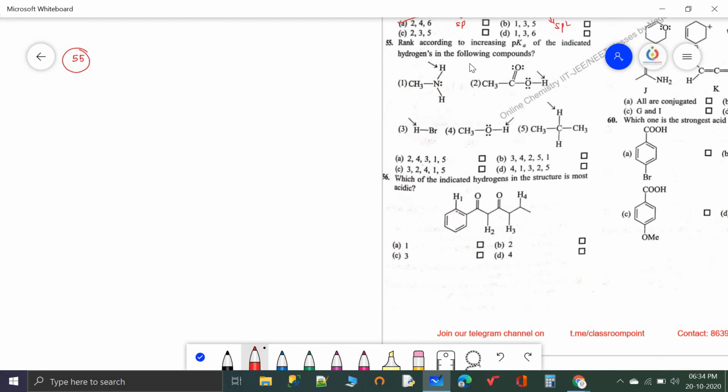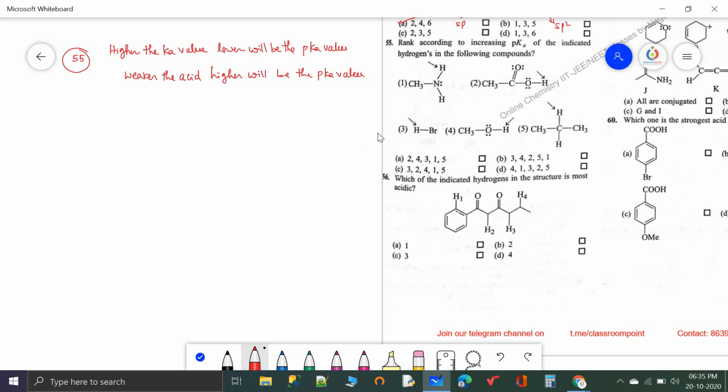So higher the Ka value, lower will be the pKa value, or else in the reverse way we can write: weaker the acid, higher will be the pKa value. So they asked us to write down the increasing order of pKa value.